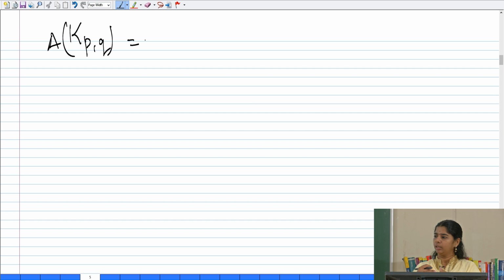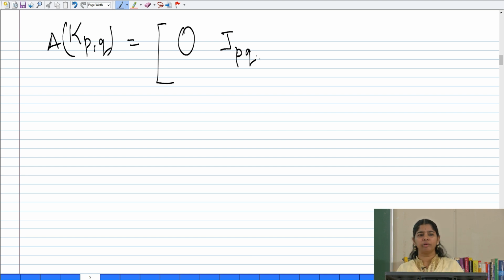If we have such an ordering, then we will get a block matrix which looks like this: for the first p rows you will have a 0 block followed by all ones, which is the all-ones matrix of dimension p cross q, and on this side it would be q cross p, because we are talking about the second partition. So, from the second partition you will have J_{QP}, the q cross p J matrix, and a 0 block, right. So, this is going to be the adjacency matrix.